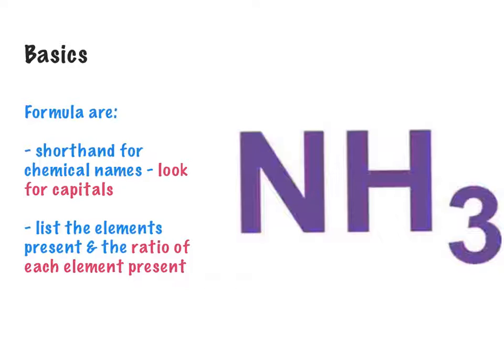Now this is quite common for formulas. And every time we see a new capital letter, like here, we see we've got a capital N, that's one letter, and a capital H. Now the N stands for the chemical involved, and N stands for nitrogen.